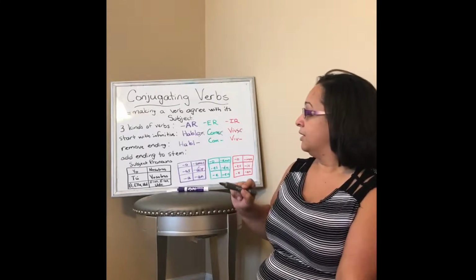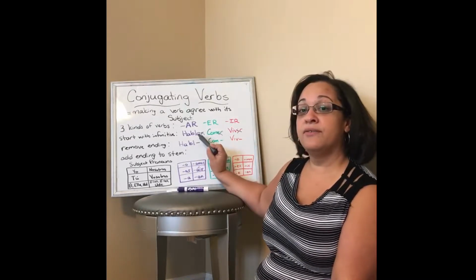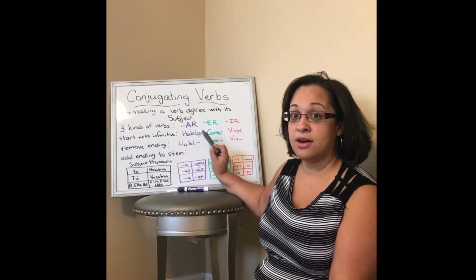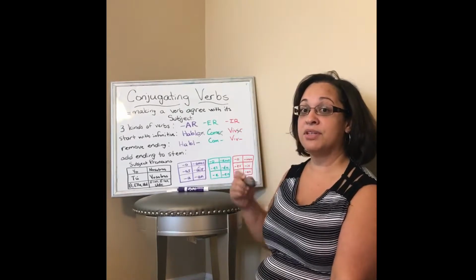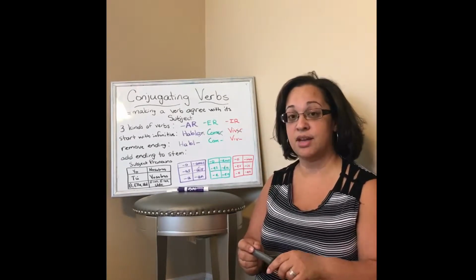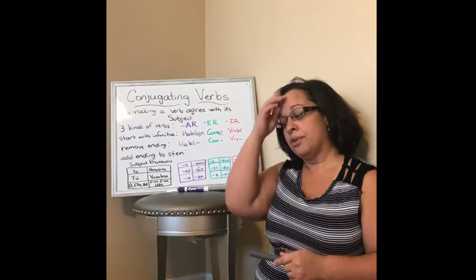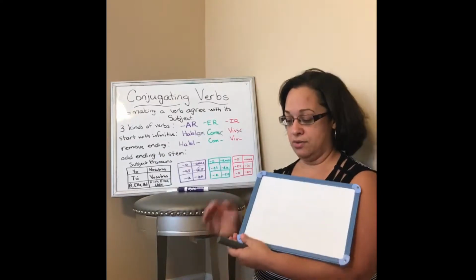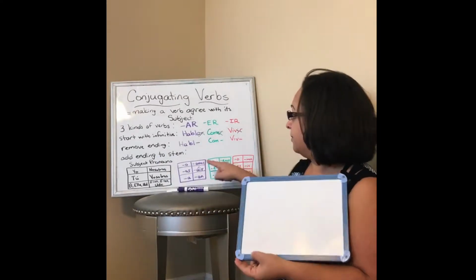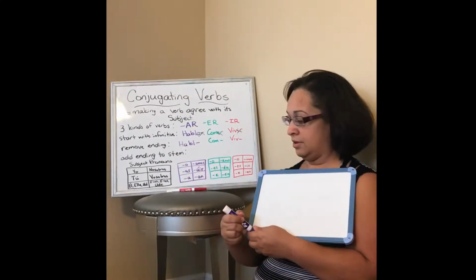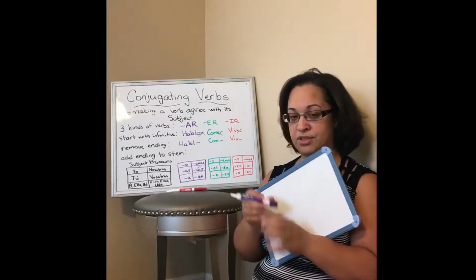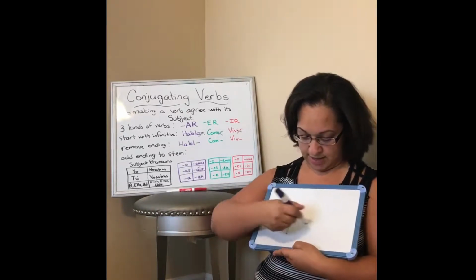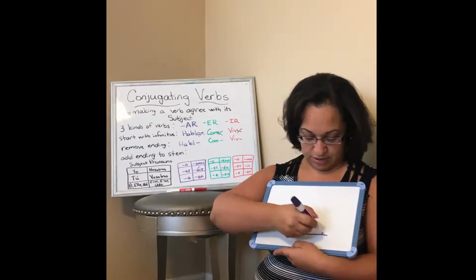Now, depending on which verb you're dealing with, AR, ER, IR, we have different endings based on the subject. So, for AR, and I'll write this down a little bit bigger so that you guys can see, just to make this a little easier, we're going to go ahead and draw our diagram.